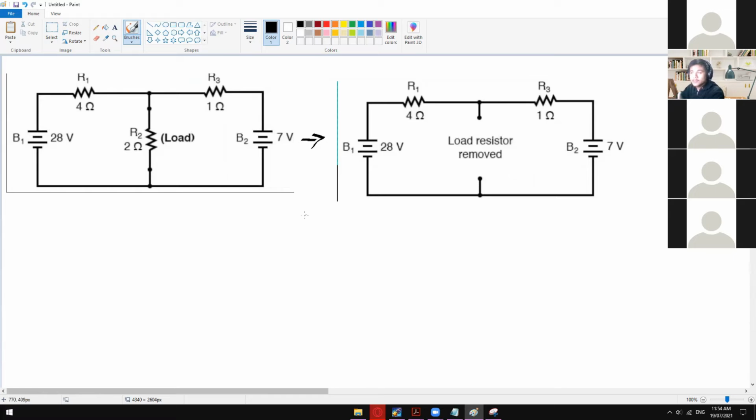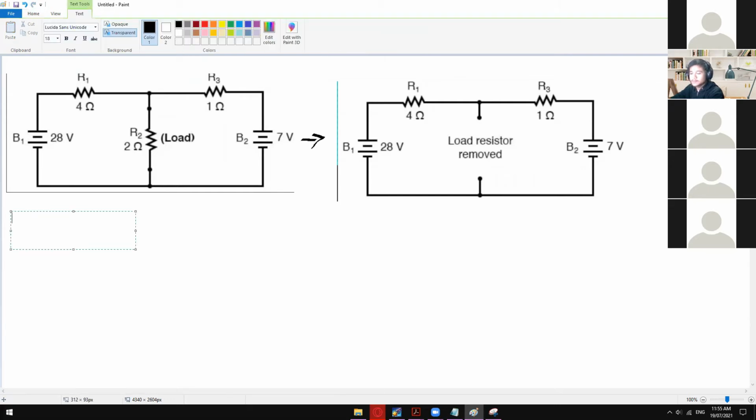So now where can we solve for the RTH? Where can we solve that one? Because there is no indicator that this is the part where we can solve for the VTH, this is the part where we can solve for the RTH, and so on.